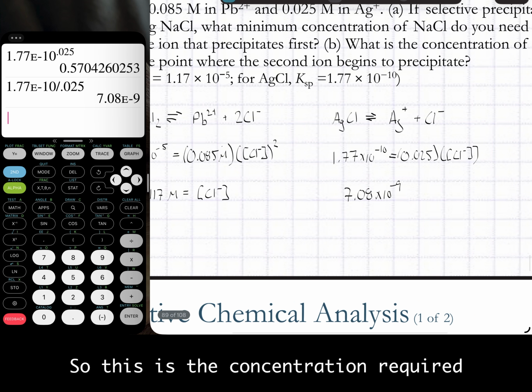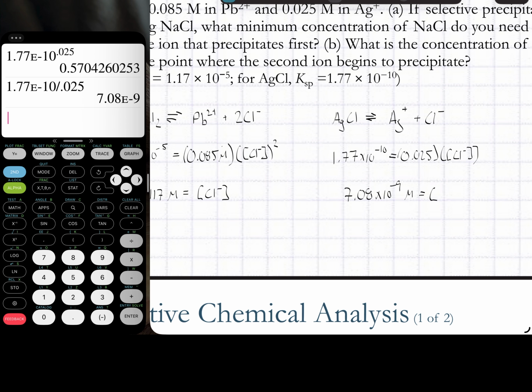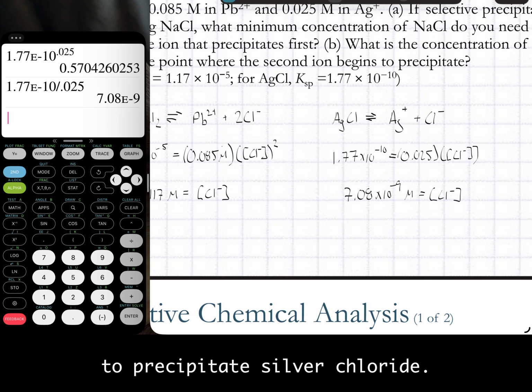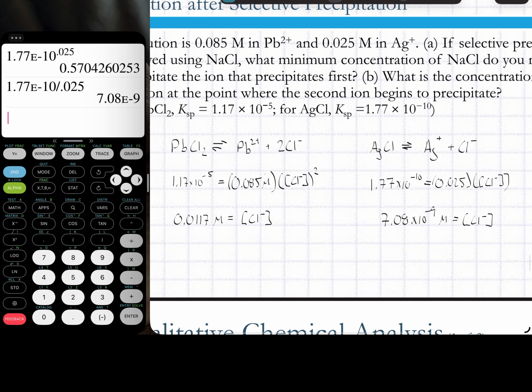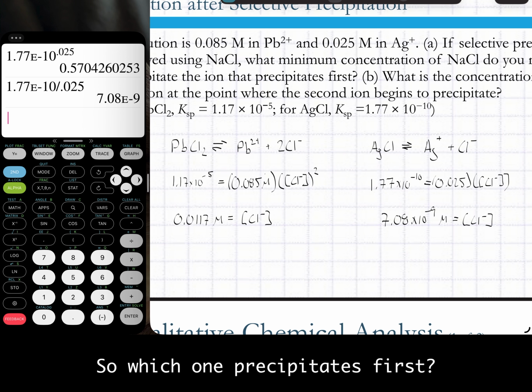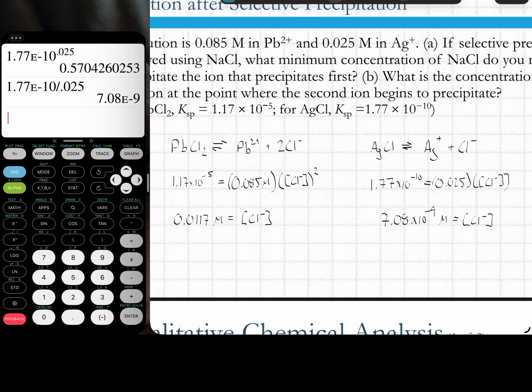So this is the concentration required to precipitate silver chloride. So which one precipitates first? Yeah, silver chloride.